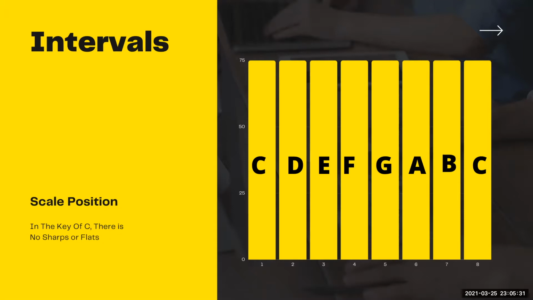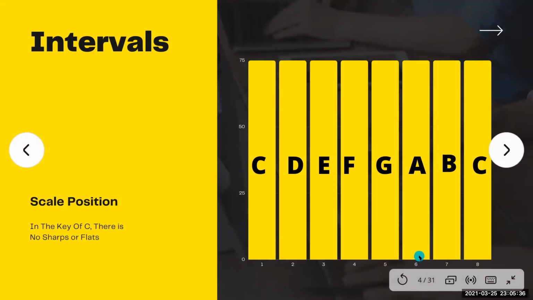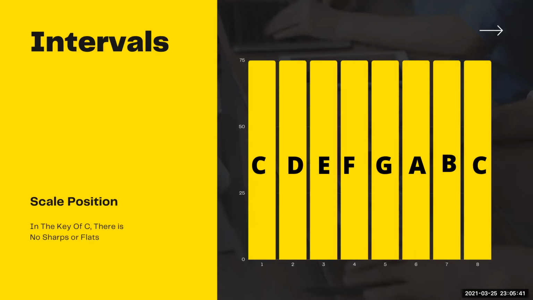Here, we're talking about the scale position. If we played the key of C, we had C, D, E, F, G, A, B, C. Here's what's happening. We have scale position 1, which is C, 2 is D, 3 is E, 4 is F, 5 is G, 6 is A, 7 is B, and then 8, which is C, or it could be considered 1 again, because we could just keep going: 1, 2, 3, 4, 5, 6, 7, 1, 2, 3, 4, 5, 6, 7.